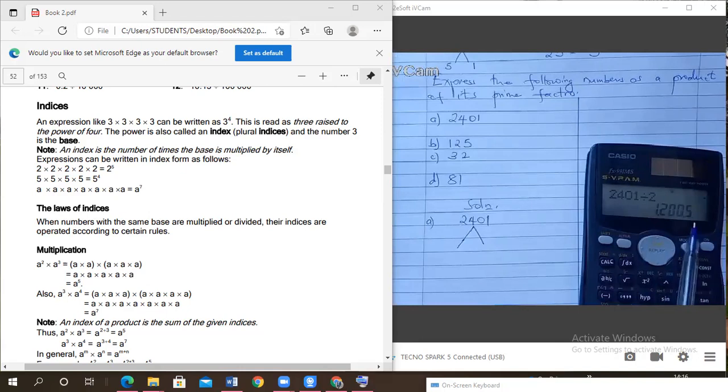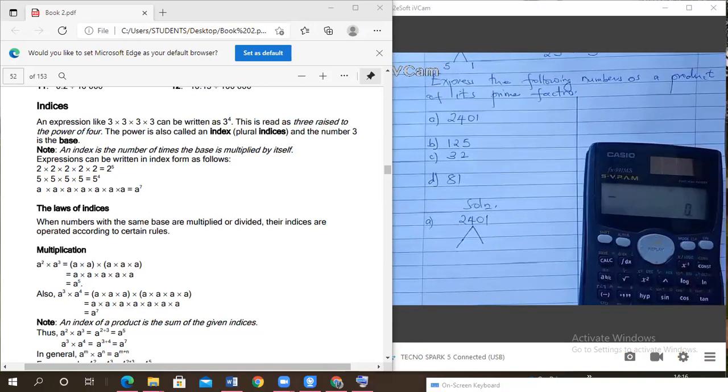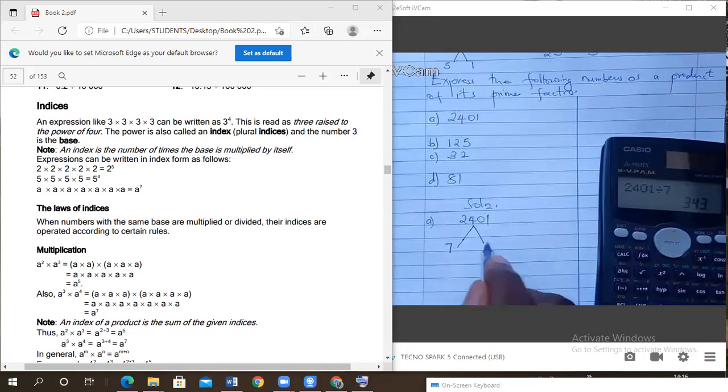So that one is not. So which one do we take? 7. So divide by 7. 7 goes there, right? So it gave us 343.